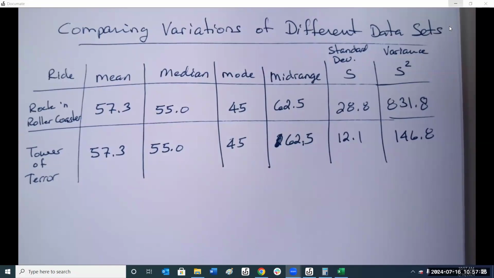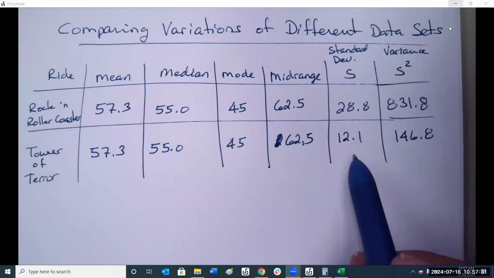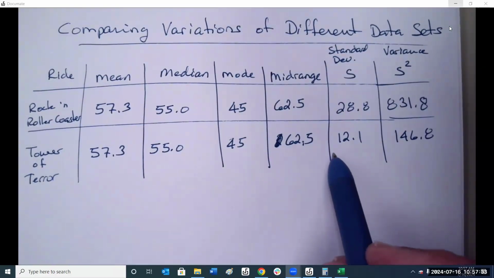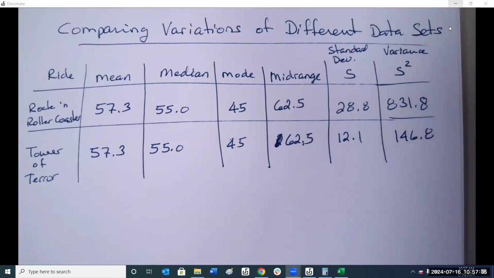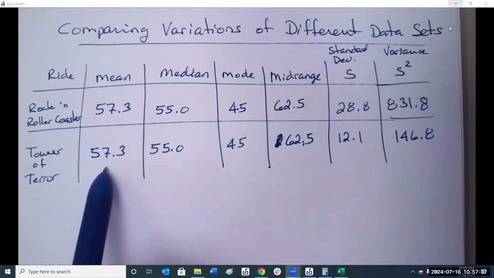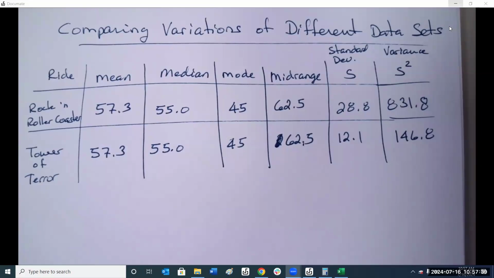Why? Yeah, the deviation is only 12.1, which means that your data is much closer to the mean. So it means all the times are about the same, so you can budget your time. The Rock 'n' Roller Coaster, it's a flip of a coin whether you'll be in line 15 minutes or 120 minutes.